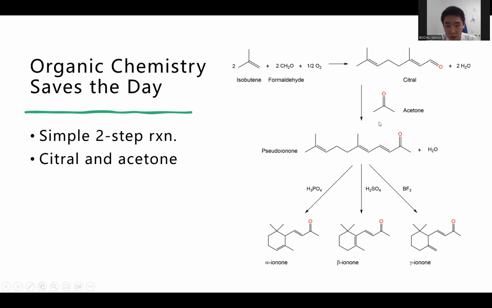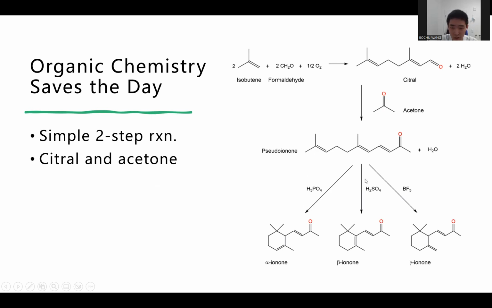You can start with the reactants citral and acetone, and you go through 2 steps, and you will get all three isomers of ionone, so alpha, beta, and gamma, by controlling the catalyst of the second step.